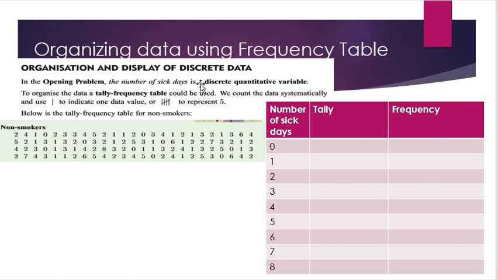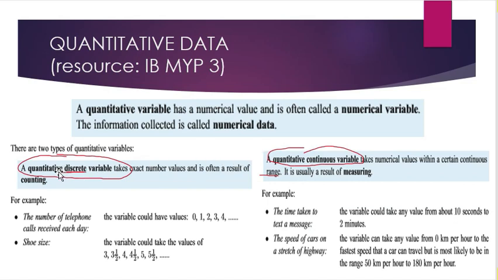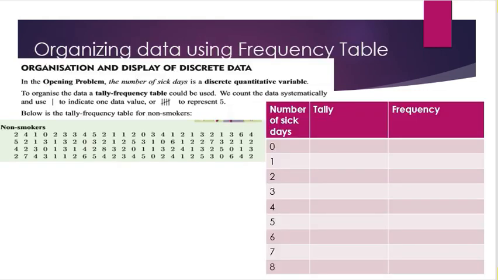Here it says the number of sick days is a discrete quantitative variable. Looking back at the definition, when we say discrete quantitative, you get a specific numerical answer. To organize the data, a tally frequency table could be used. This is our main topic right now, how to construct this given data.